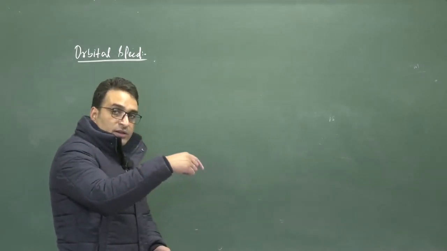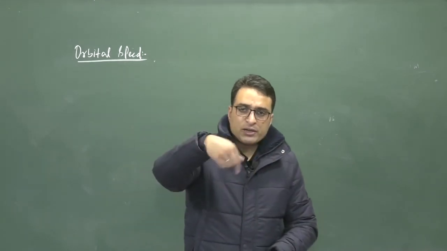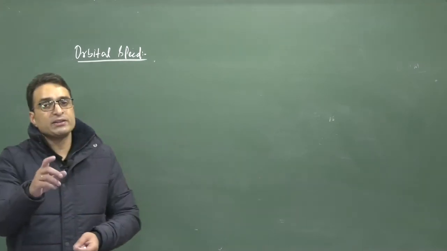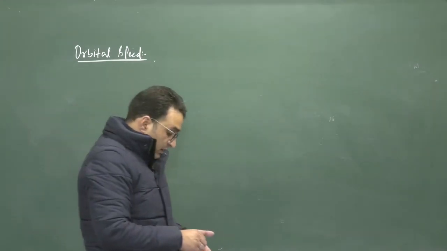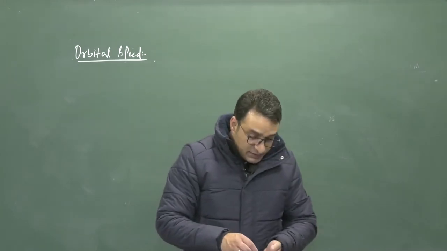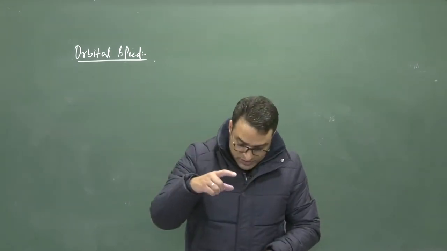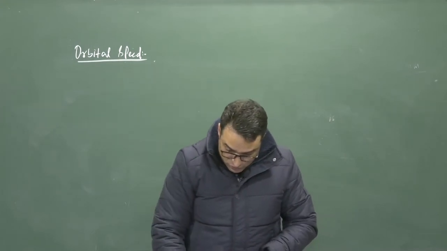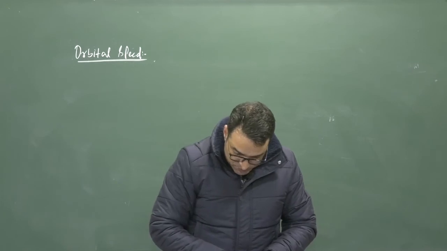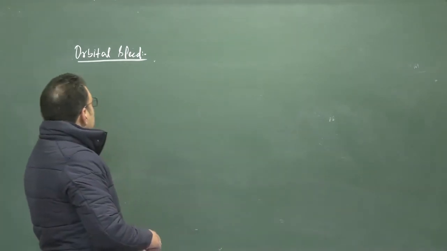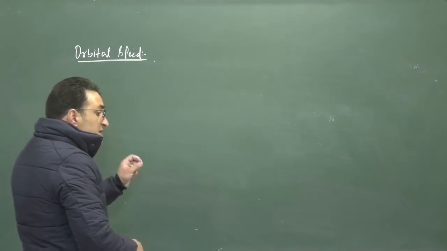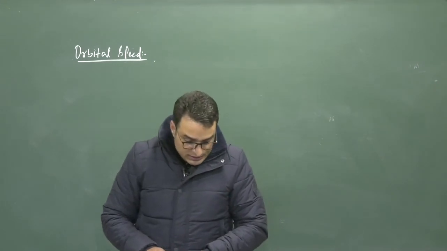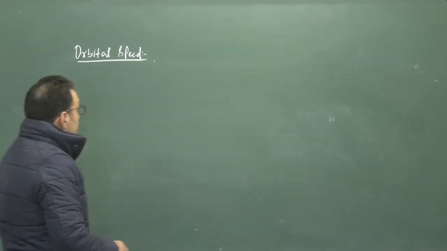Now, this Moon keeps on revolving in its own orbit around the Earth because of the gravitational force exerted by the Earth on the Moon, and the speed which is required to put a given satellite into a given orbit around the Earth's surface is known as the orbital speed.